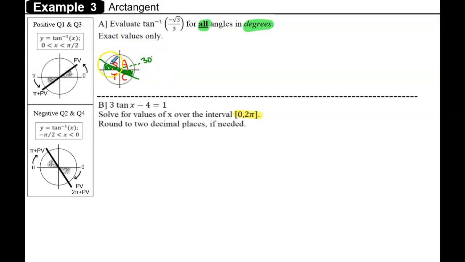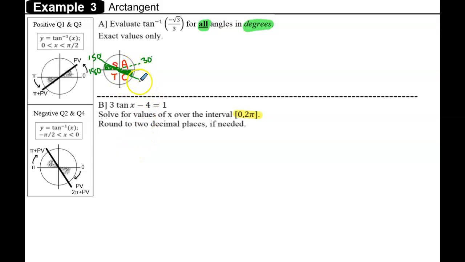And if we reflect 30 degrees into quadrant 2, then we're going to be starting at half the circle, which is 180, and subtracting, going into the negative direction clockwise to get 150, because 180 minus 30 is 150.